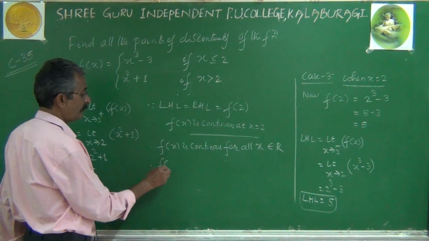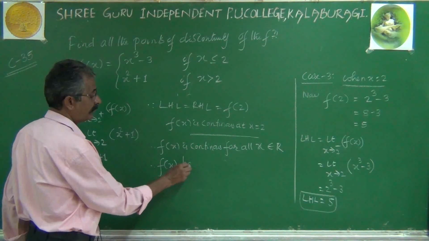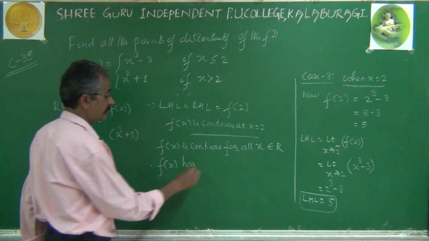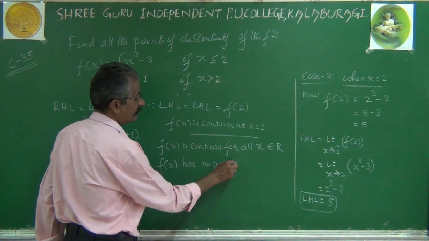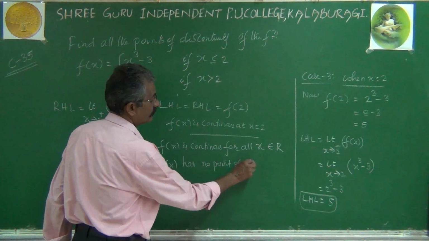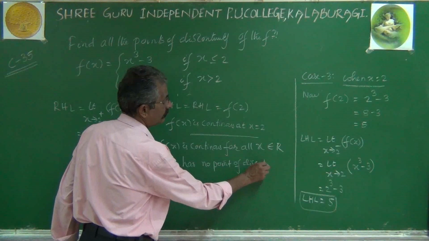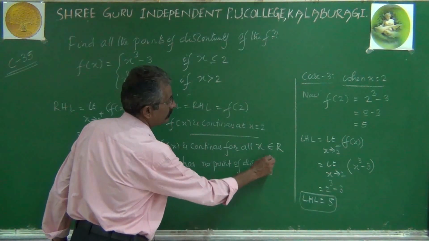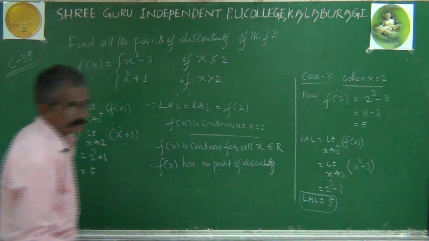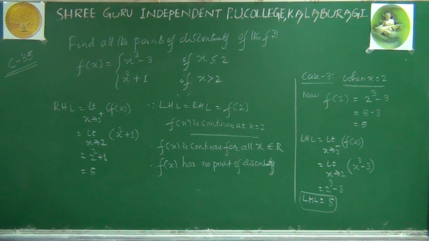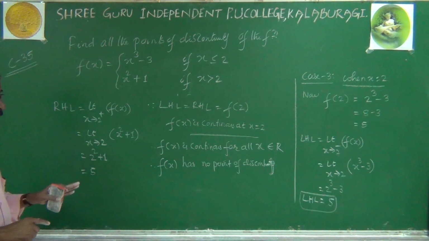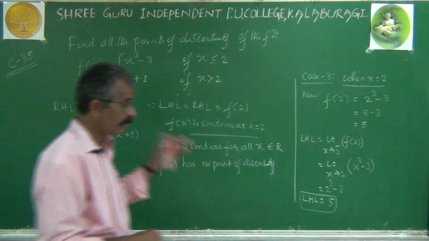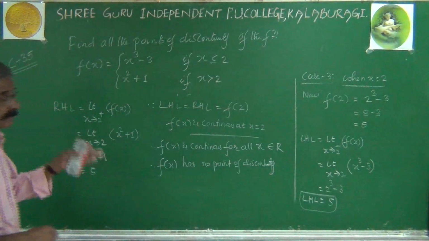Therefore, f of x has no point of discontinuity. That means the number of discontinuity points of this function is 0. 0 is the number of points of discontinuity for this function.